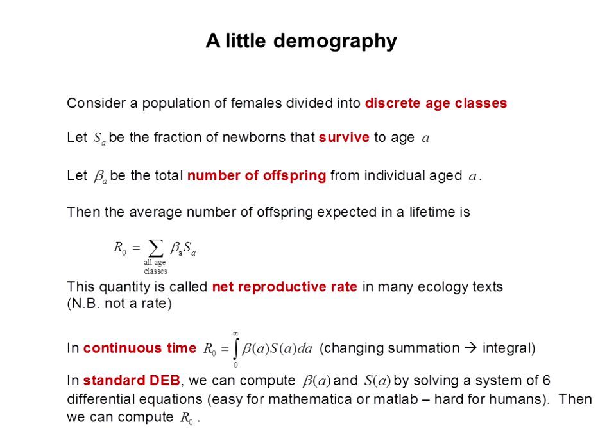And the link to standard DEB occurs by recognizing that the equations that we have developed, all 6 of them, actually give us a recipe for calculating the quantities S and beta for any organism. They're messy differential equations, but they're pretty easy to code up in Mathematica, MATLAB, or whatever your favorite software package is.